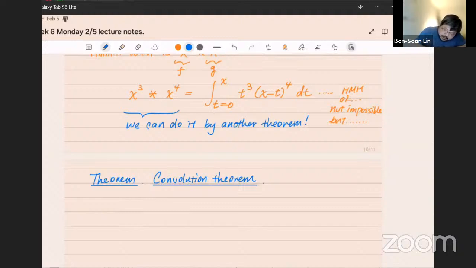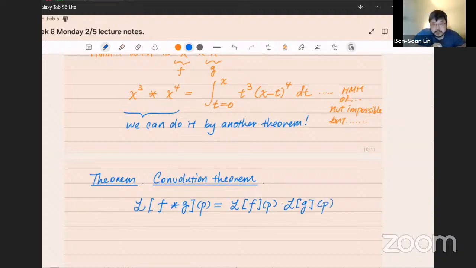It says that the Laplace transform of the convolution of two functions f star g is simply equal to the Laplace transform of f times the Laplace transform of g. That's the convolution theorem: the product of two Laplace transforms is the Laplace transform of their convolution.